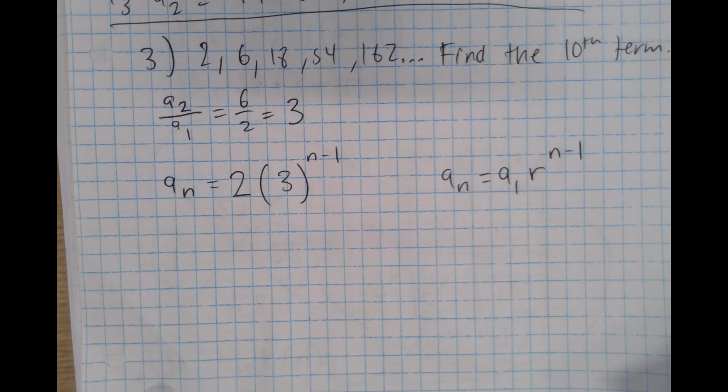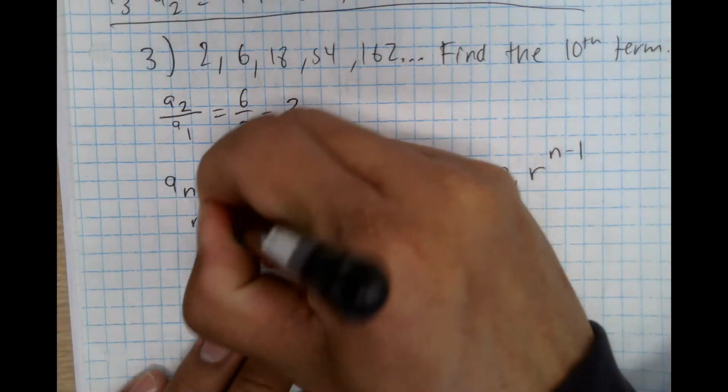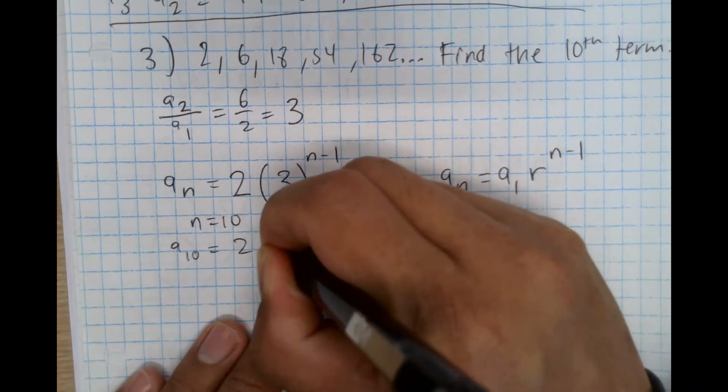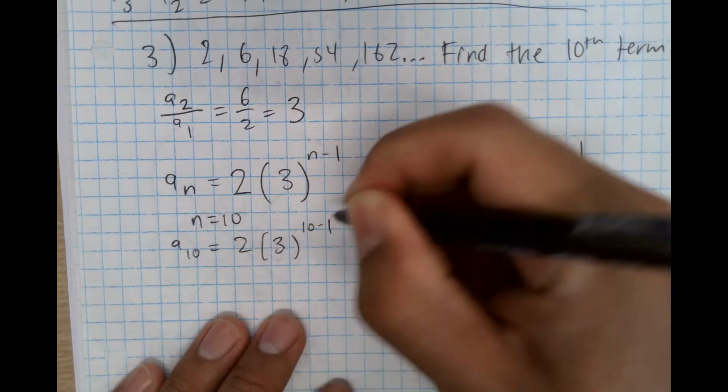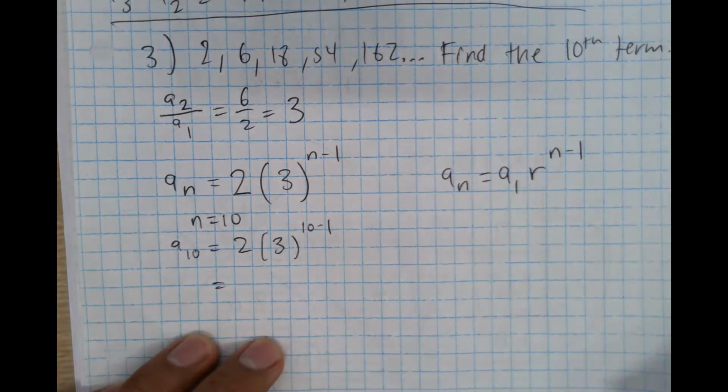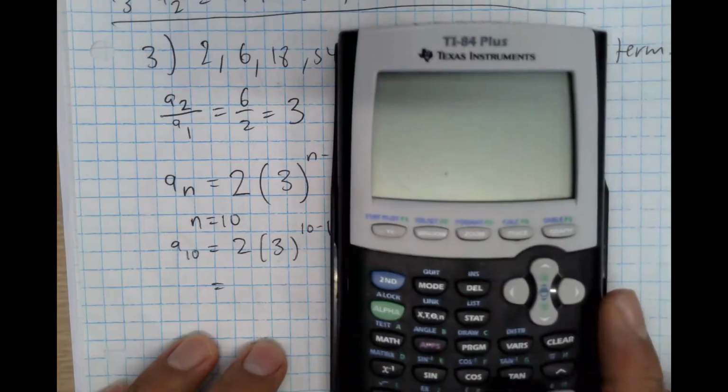Right, so we're solving for the 10th term, so n is equal to 10. So a of 10 is equal to 2 times 3 to the 10 minus 1, and we get some ridiculously large number. So we can plug this into our calculator.